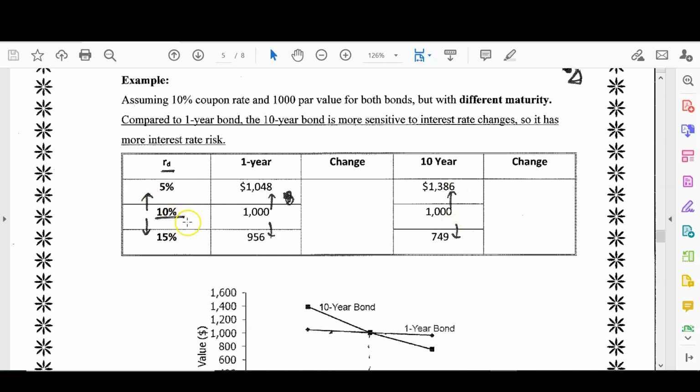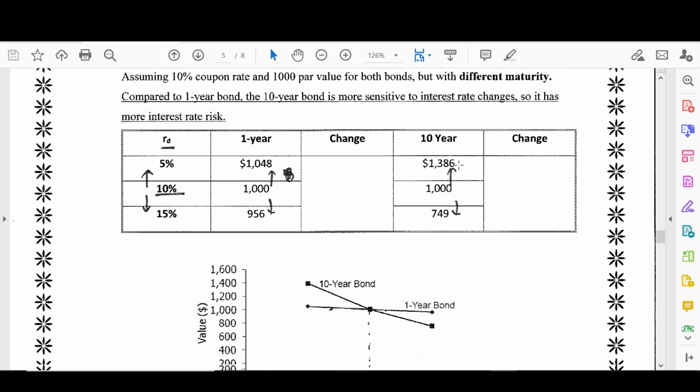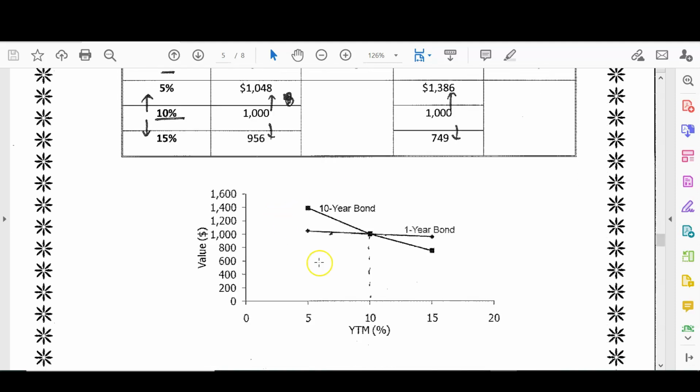With the same change in RD, the 10-year bond has a bigger change in price. So we say the 10-year bond has higher price risk or interest rate risk. In this graph, yield to maturity changes to the same degree, but the 10-year bond changes more compared to the 1-year bond. The line for the 10-year bond's price change is steeper.